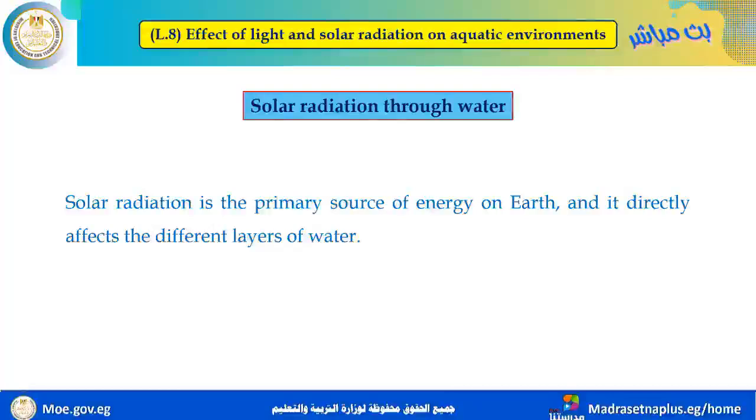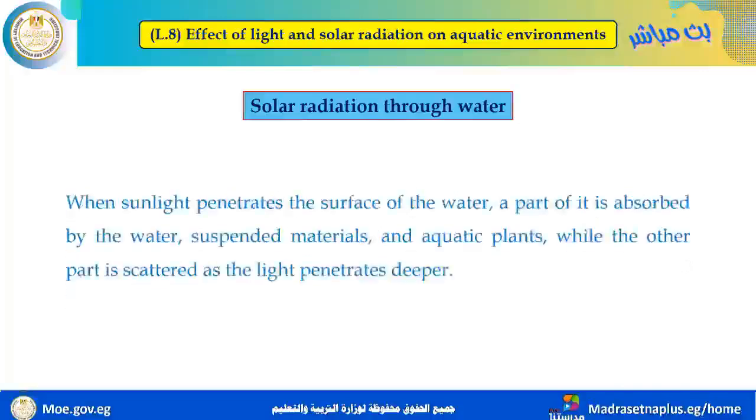Because all the plants on the Earth's surface, or even the aquatic plants, depend on solar radiation or sunlight in the photosynthesis process. If photosynthesis is stopped or badly affected, that will affect all life on Earth. So solar radiation is very important, whether on the Earth's surface or in aquatic environments.